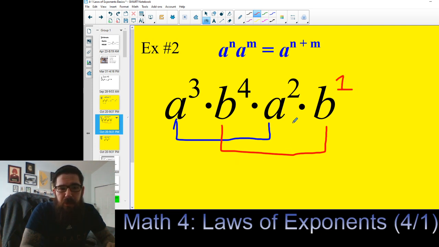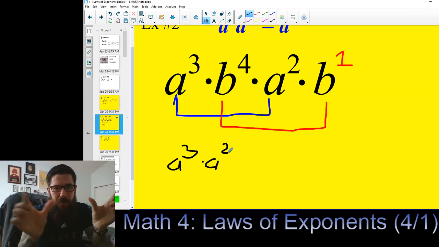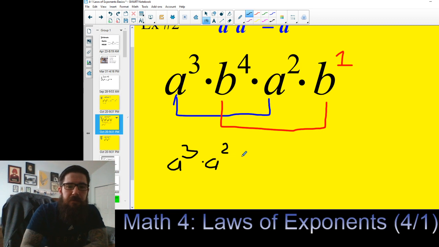So if I want to rework how this looks, if I were to rewrite the location of these, I'm going to have my a cubed, apologies for that, and I'm going to put times a squared right next to it. The idea is I want to match my bases together. So I'm going to put my b's next to each other. It doesn't have to go alphabetical.